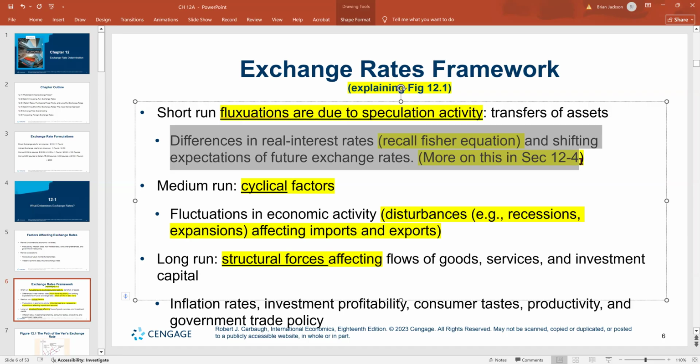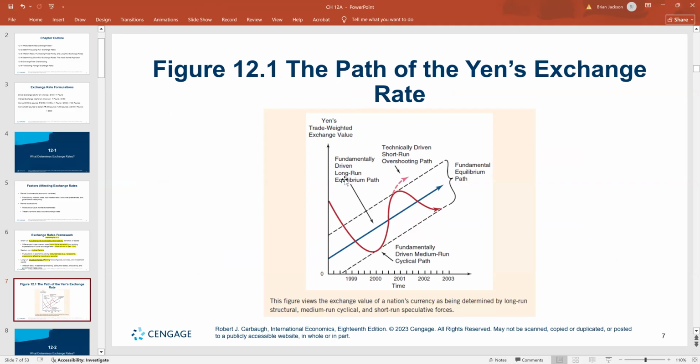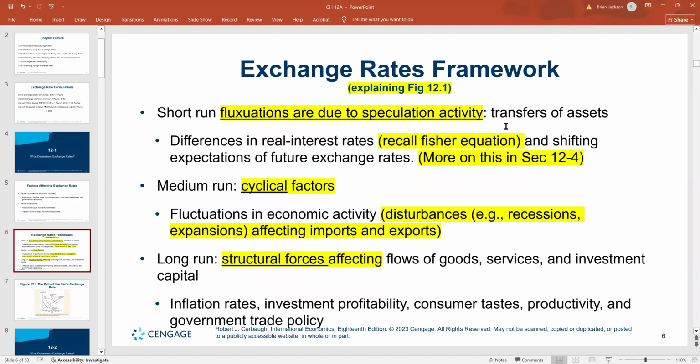But if you look at, let's just go right here, we'll come back to this slide, figure 12.1, you'll see that short run fluctuations like this little dashed line here are driven by speculative activity. The differences in real exchange rates make, say, government bonds in one country more profitable than investing in government bonds in the other country, and so forth.